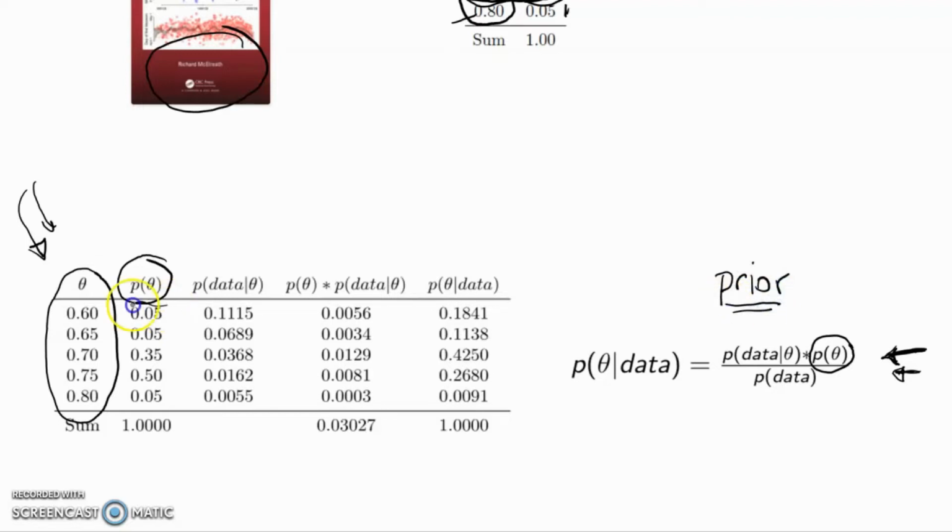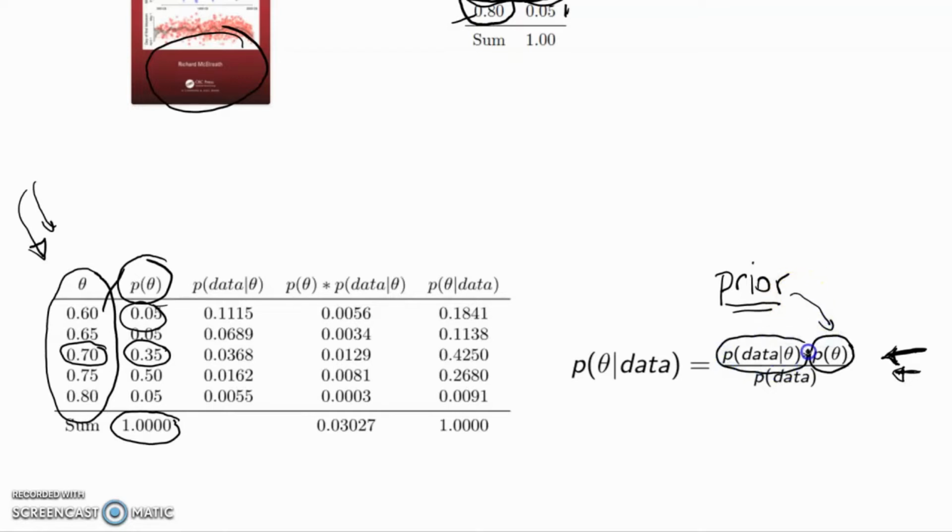So there's a 5% chance that 60% of the world's surface is covered by water. A 35% chance in my prior beliefs that 70% is covered by water. These are nice little probabilities because they all add up to 1.00. So that's my prior.